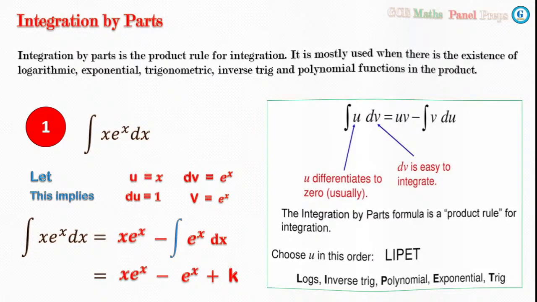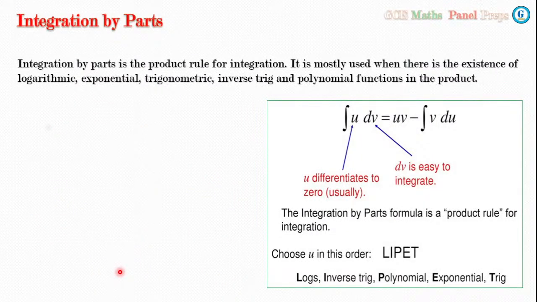Let's take another example. Let's not forget our Lippert's rule. So in example 2, we have the integral of ln x. If you look at ln x, it has a special way of integrating it, as with log x and all of that.